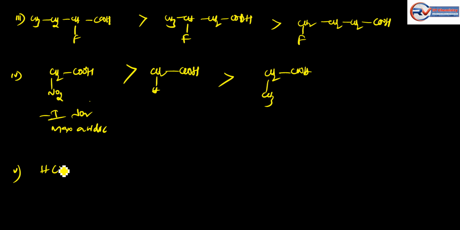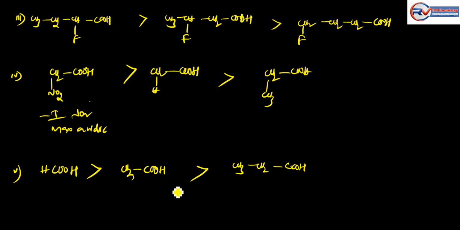Formic acid, ethanoic acid, propanoic acid. Which is more acidic? Formic acid is the most acidic. The plus inductive effect group makes it the minimum acidic.